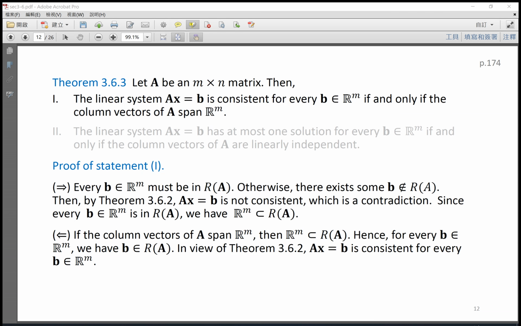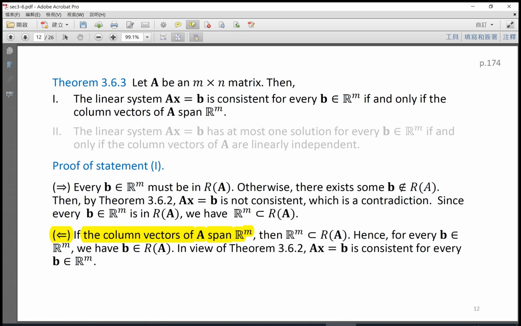Next, we prove the if part. The if part assumes that condition B holds, and our goal is to prove that condition A holds. Now suppose the column vectors of A span Rm.